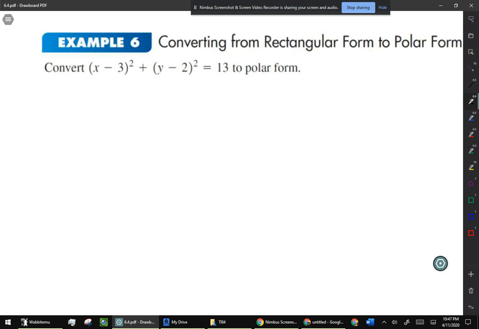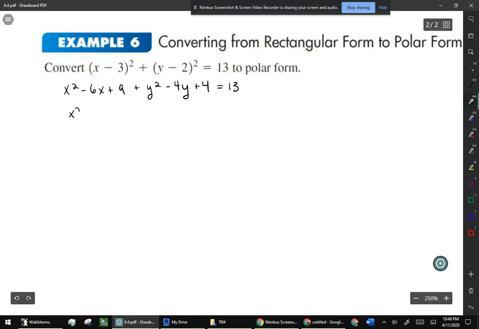So the first thing we're going to do is just multiply everything out. So this is going to be x squared minus 6x plus 9, and then it's going to be plus y squared minus 4y plus 4 equals 13. We're going to group things a certain way for some substitutions coming up.